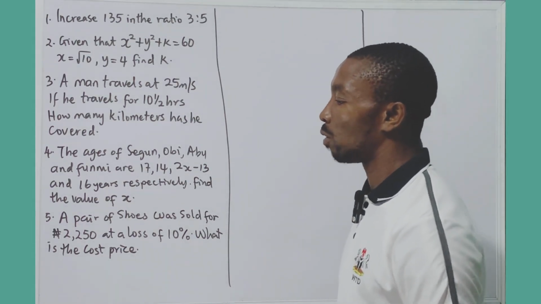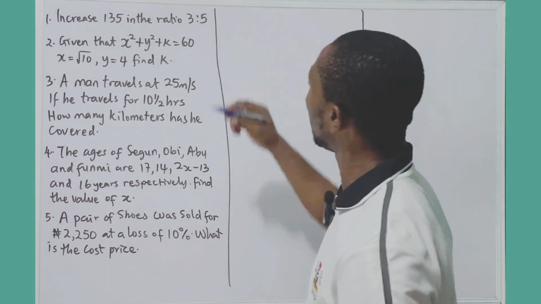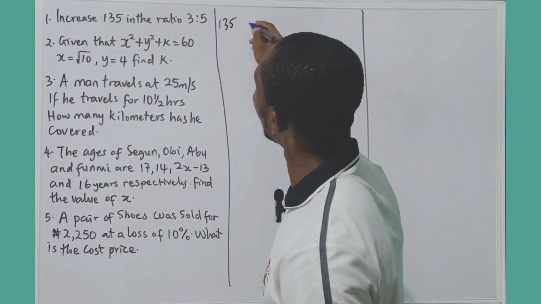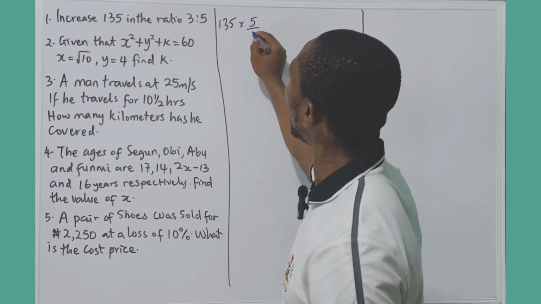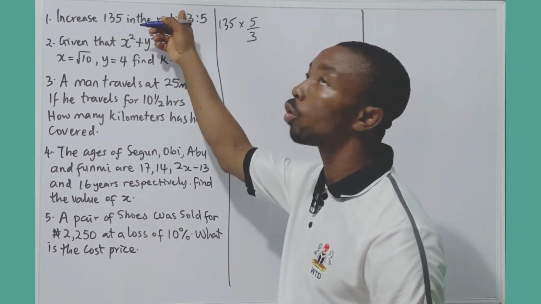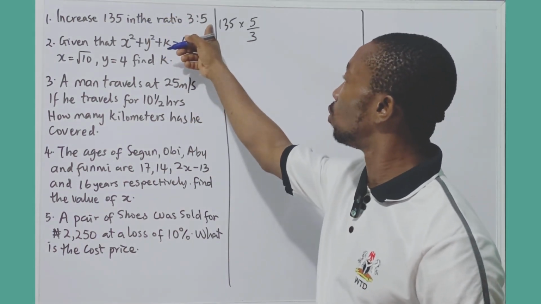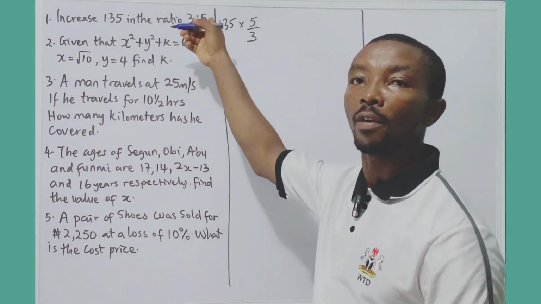Our next set of questions says, increase 135 in the ratio 3:5. Now, since we are to increase 135 in those ratio, this becomes 135 times 5 all over 3. Since we are to increase, this is our old ratio, and this is our new. So to increase it, we have to increase it in the ratio of 5.